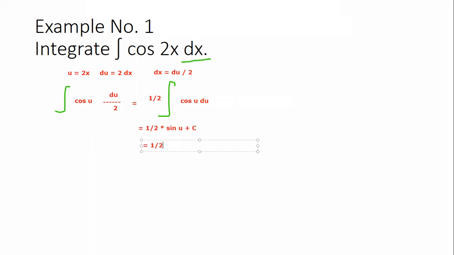So this will be 1/2 sine 2x plus c. This will be the answer for our first example. Questions for this example? Okay, let's proceed.